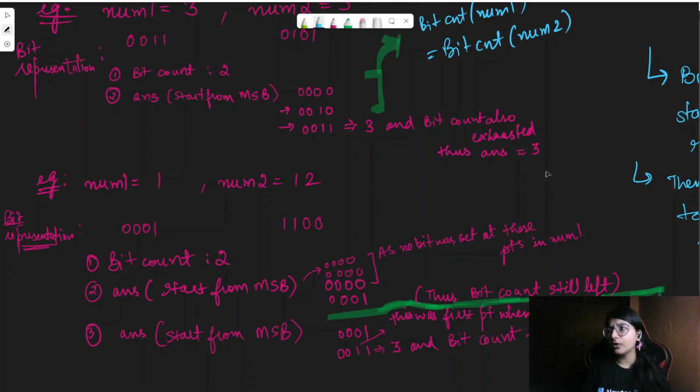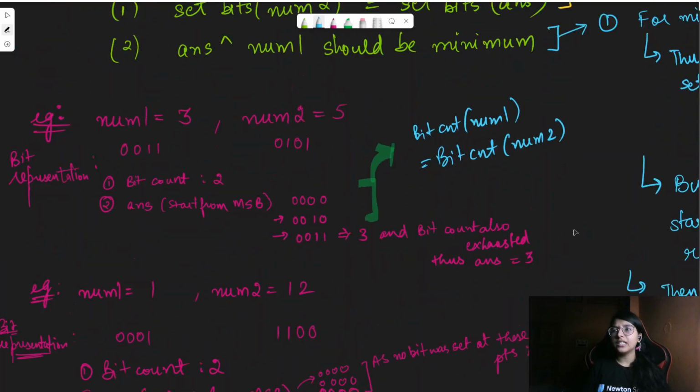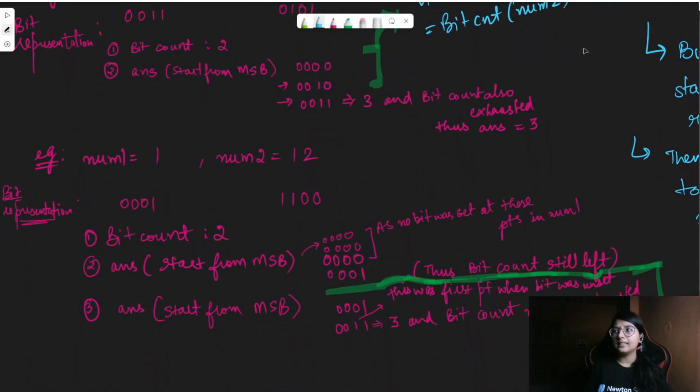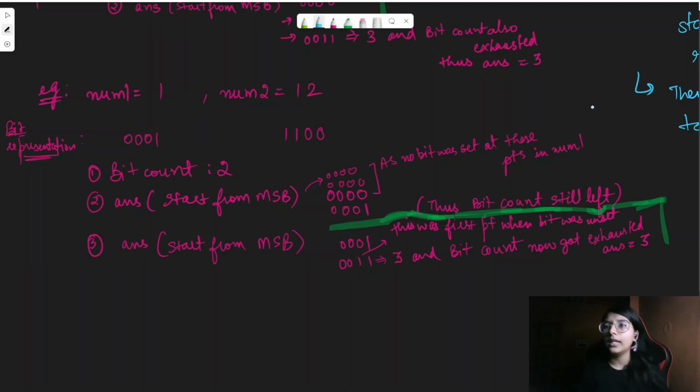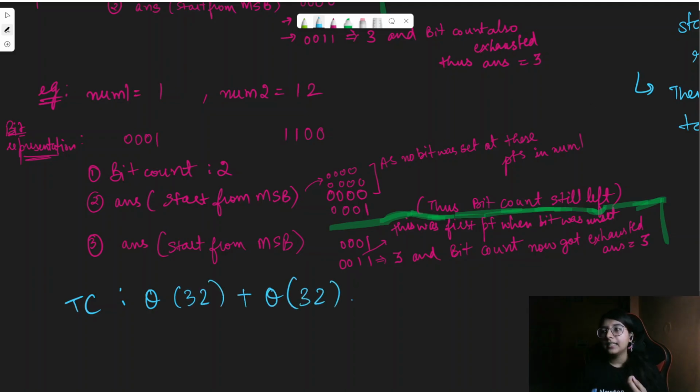Now, before starting the coding part, here you can check the time complexity and the space complexity. The time complexity: first we are checking the number of bits, then setting the bits, and then again setting the bits.